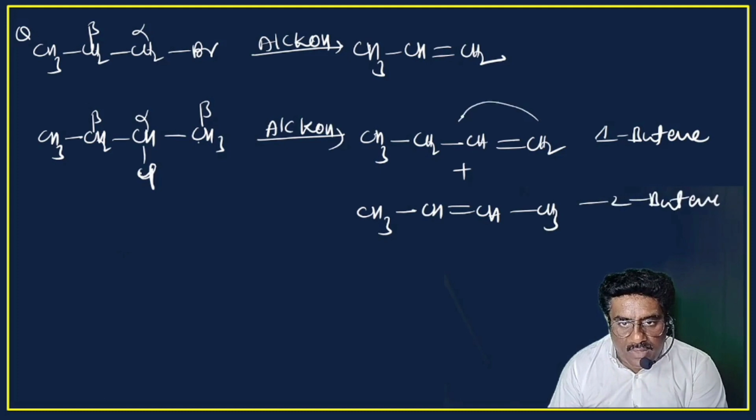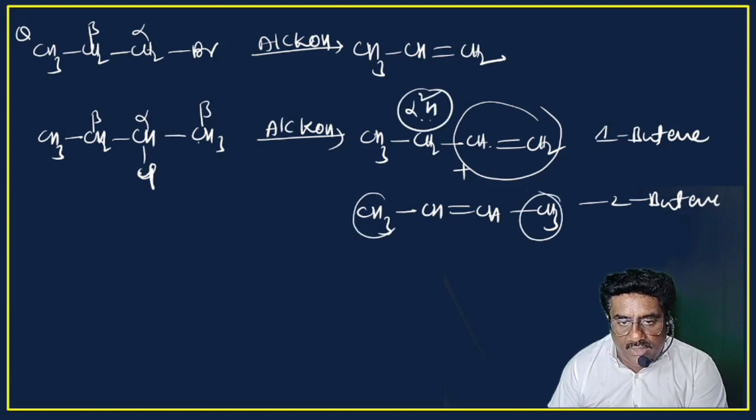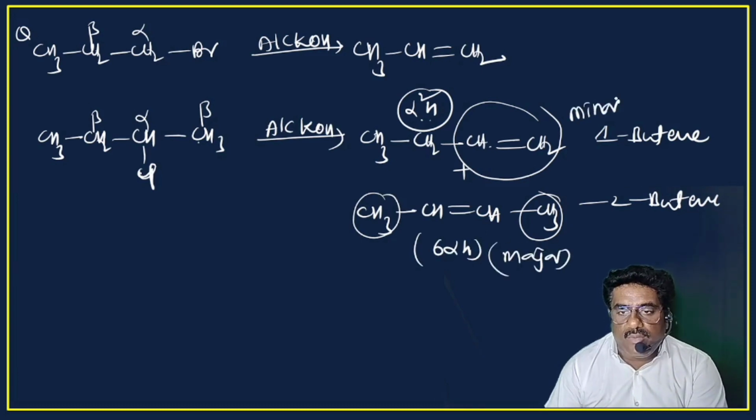In this carbon, the double bonded carbon's adjacent carbon is an alpha carbon. Here how many alpha hydrogens are there? 2 alpha hydrogens are there. Here, 2 alpha carbons and 6 alpha hydrogens are present. 6 alpha hydrogens means it is the major product, and the other is the minor product.